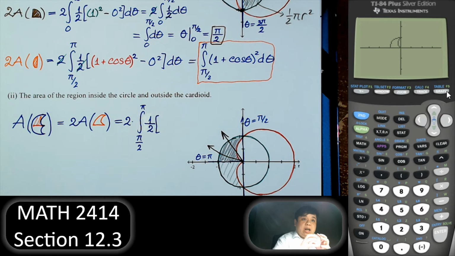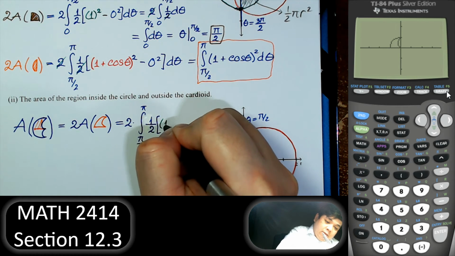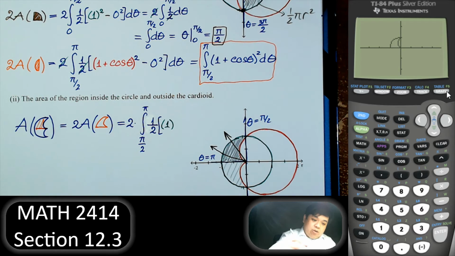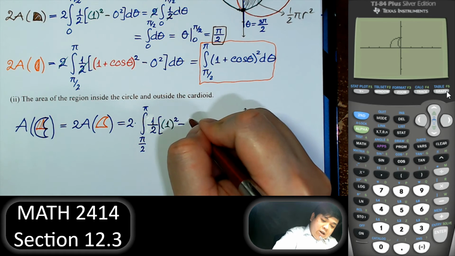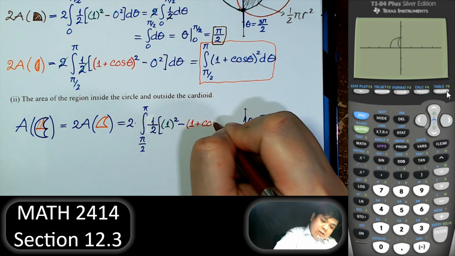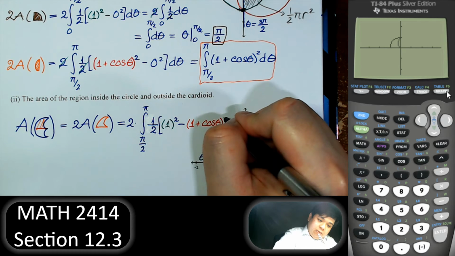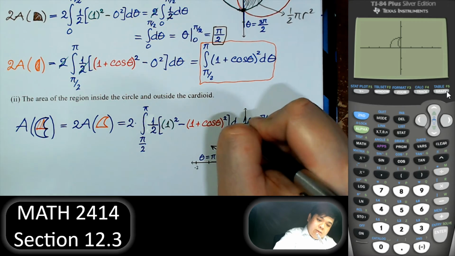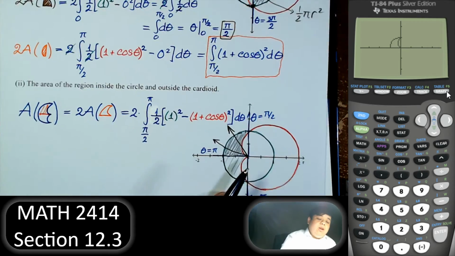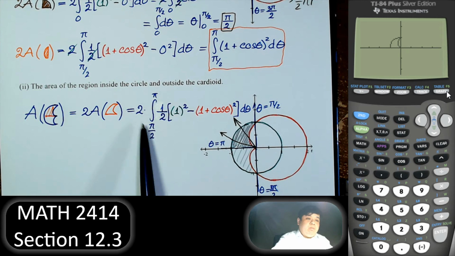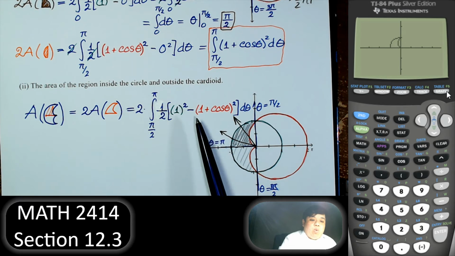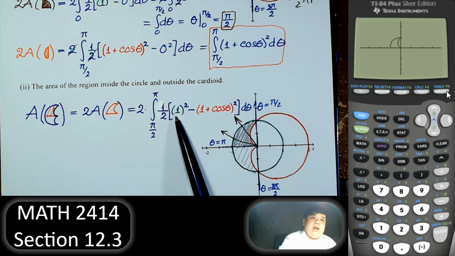So the cardioid is inside, the circle is outside, so we have r equal to 1 is the outside function, and the inside function comes from the cardioid. Now think about this. Since theta from pi over 2 to pi, that is in the second quadrant. In the second quadrant, cosine is negative. So 1 plus cosine is going to be less than 1. So that's why it makes sense.